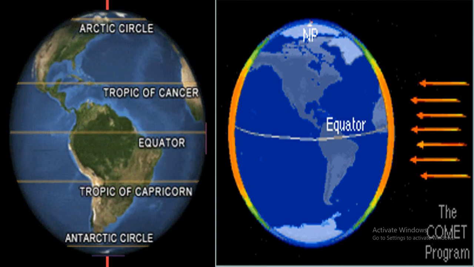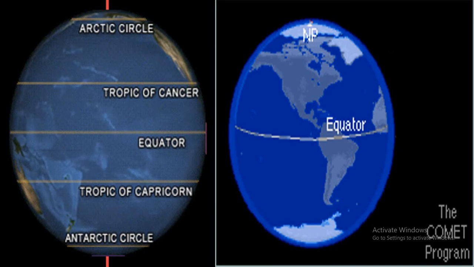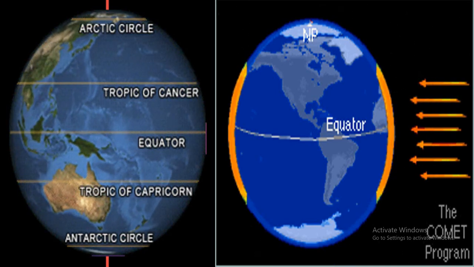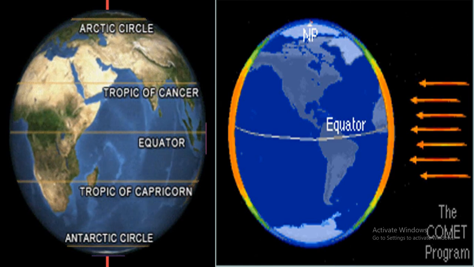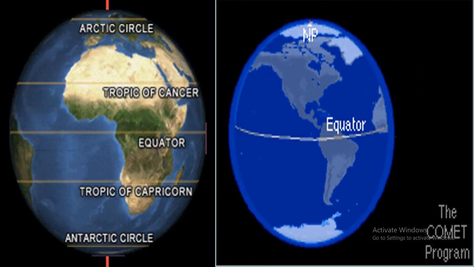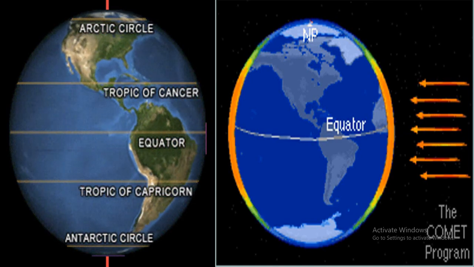So the equator is the hottest spot. The vertical rays heat up the earth more than the inclined rays. Vertical means up high above the head. If it is inclined, there is less heat.